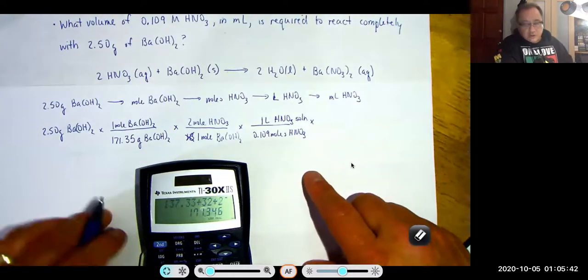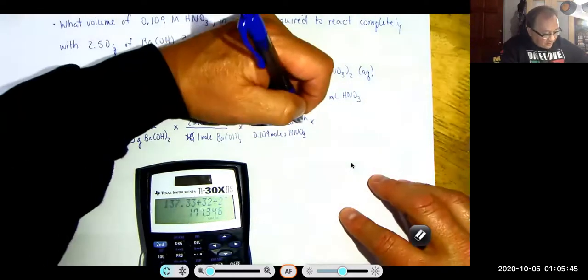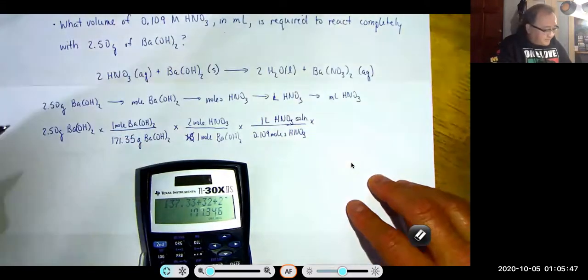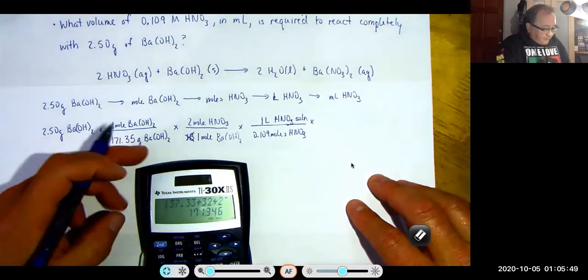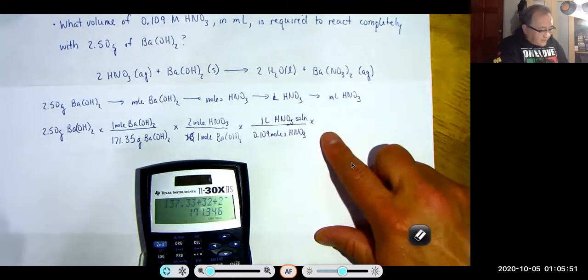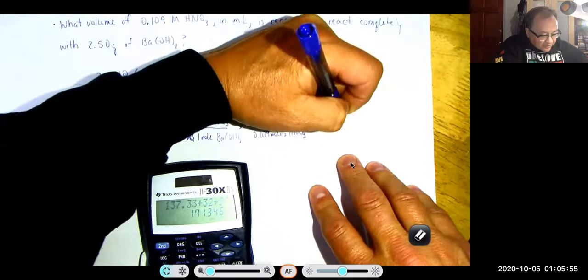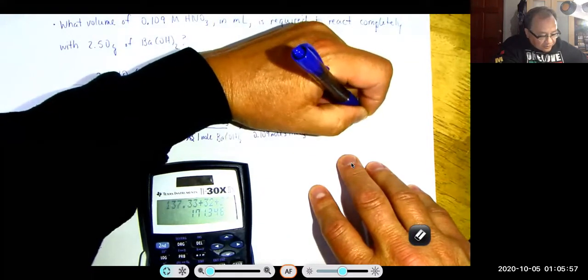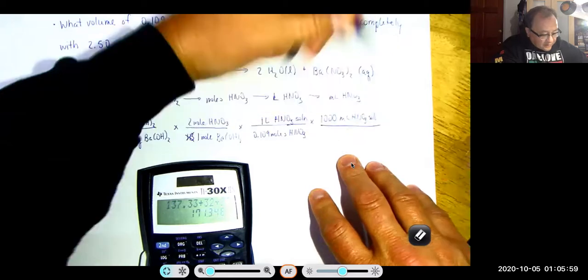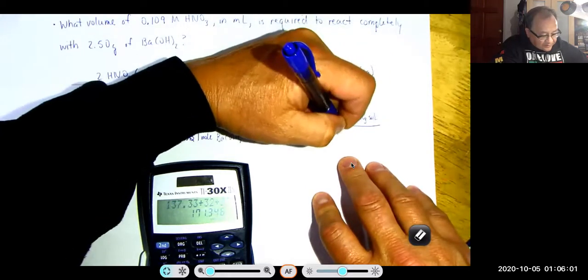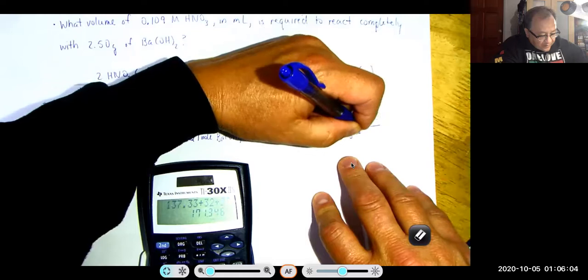So SOL is short for solution. You know that we use a lot of abbreviations in chemistry. Okay, so what do we do next? We multiply by 1,000 milliliters of nitric acid solution to 1 liter of nitric acid solution, and we'll get our final answer here.